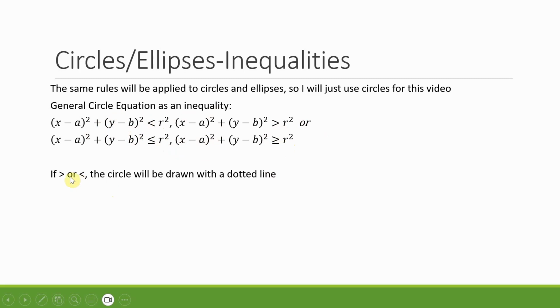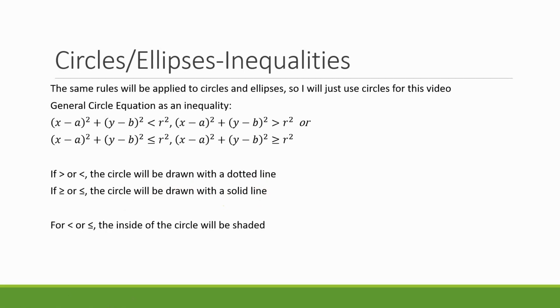Well, to begin with, for less than or greater than, so no or equal to's, the circle is going to be drawn, or ellipse, with a dotted line. If you have an or equal to, then you need to draw it with a solid line. That means that the actual value of the line is included, whereas the dotted means the actual edge is not included.